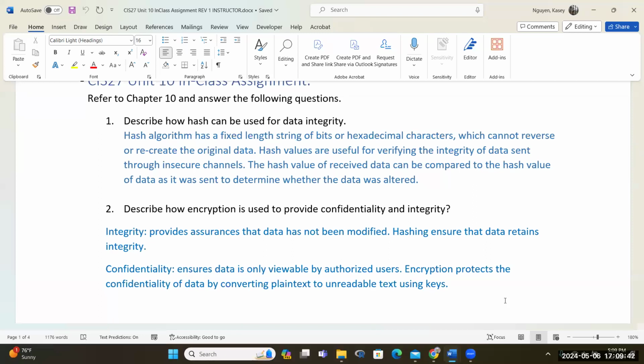Whenever you use encryption, you often see that hashing is also incorporated. And confidentiality ensures that the data is only viewed or accessed by that particular user or those users, right? The authorized user, the one the data is intended for.